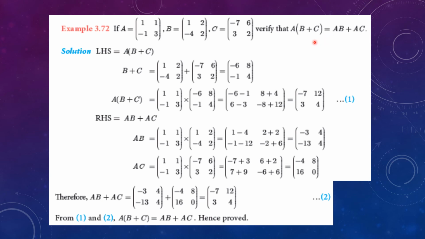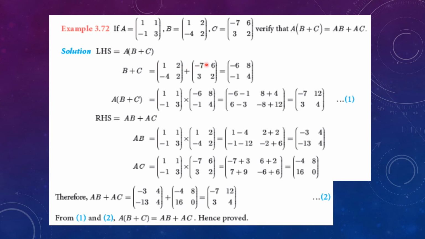Now see the solution. See left hand side, A into (B plus C). Within the brackets only, first you have to do. So B plus C. You have to add the B matrix with the C matrix. Ordinary addition. First row first element with first row first element.